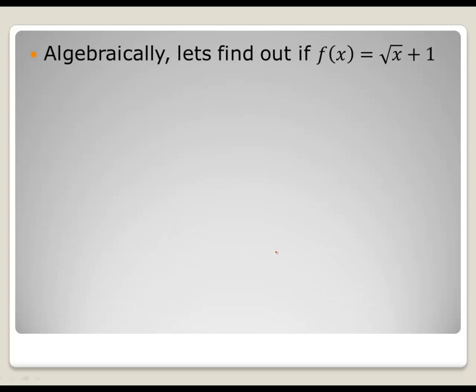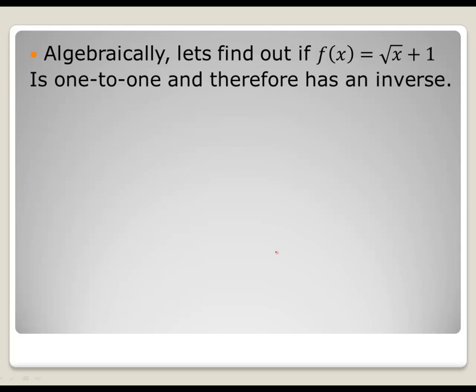How do we do this algebraically? Well, let's find out. If f of x equals the square root of x plus 1, let's find out if that's one-to-one, and therefore whether it has an inverse. Well, we take f of a and set it equal to f of b.